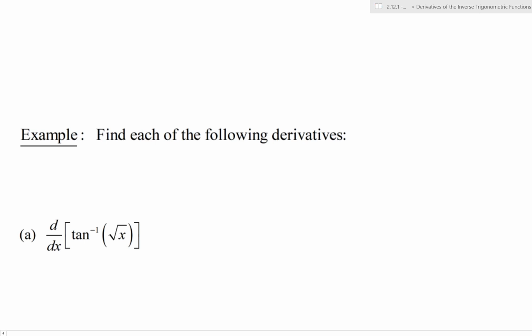And in this first one here, we're asked to find the derivative with respect to x of the inverse tangent function of the square root of x. So remember what our result was that we just found. The derivative with respect to x of the inverse tangent function of x is 1 over 1 plus x squared. So if I use that result here, chain rule, we're going to have a 1 over 1 plus, well, not an x, but a square root of x squared, and then times the derivative with respect to x of the square root of x.